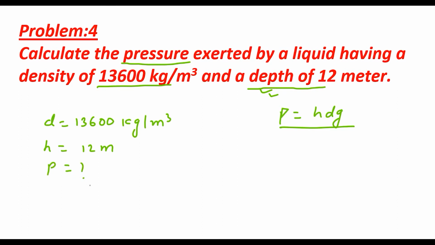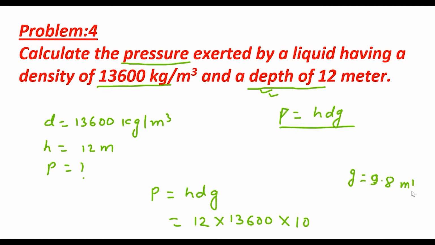Pressure is given by h d g, where height is 12 and density is 13,600, and we know that the value of g is 10, or we can also use 9.8 meter per square second, or we can also use g equal to 10 meter per square second.